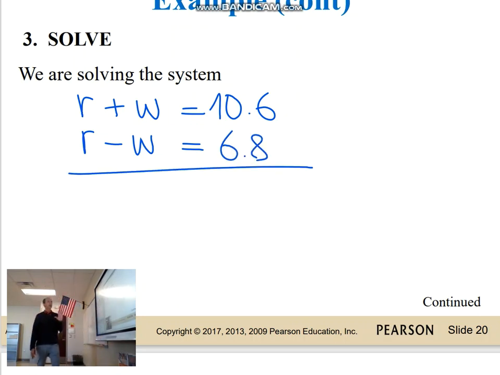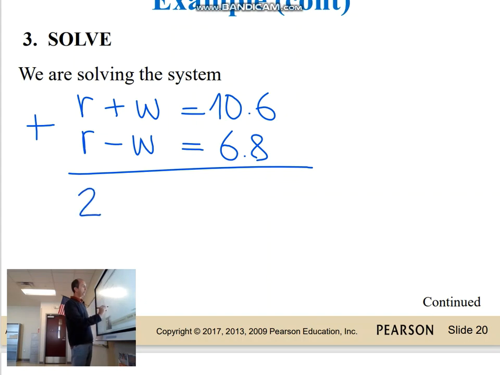Check this. We can apply the substitution method or the elimination or addition method. It's the same thing. But I think this is a case where the elimination or addition method is better, because if we add, we're going to have 2R, and we eliminate the water current, and this is going to be equal to 10.6 plus 6.8, 17.4, right?